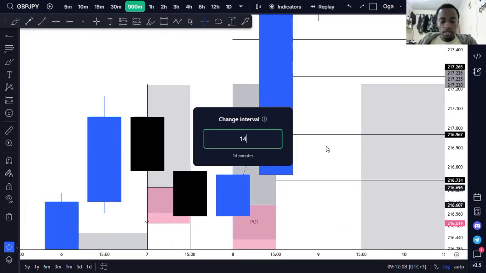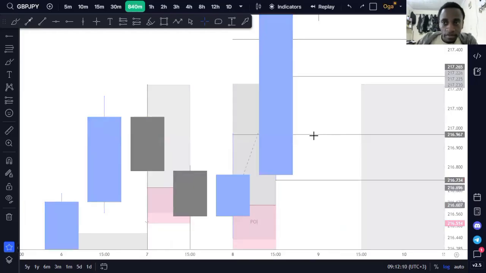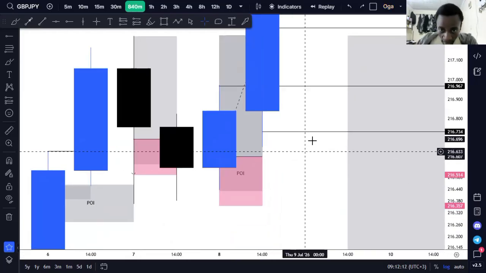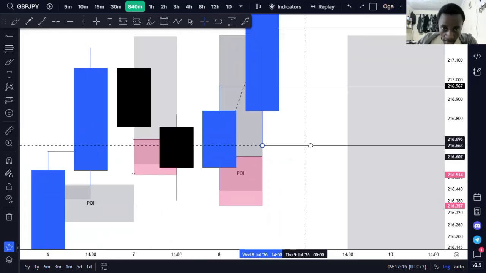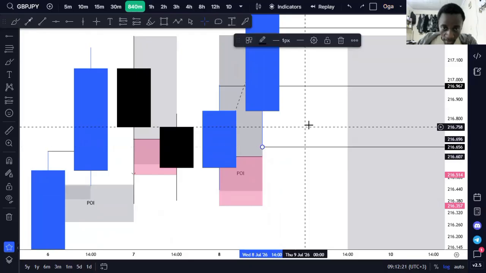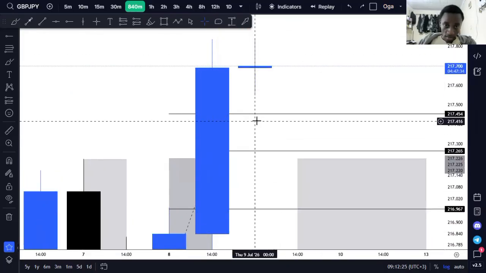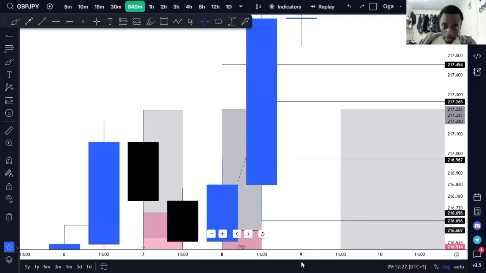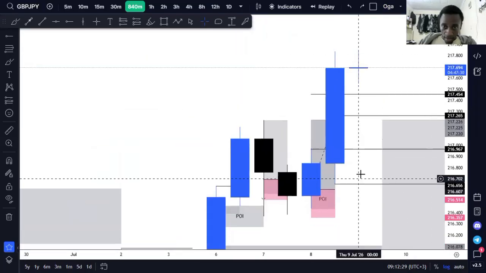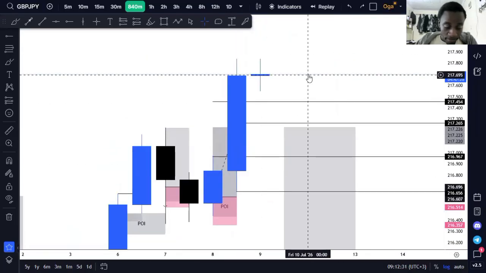We go to 14, then 12. Yeah, this is for 15 or 14. It's giving us the weak at this low. So I just adjust it, and the upper part is hidden, but we are not deleting it.